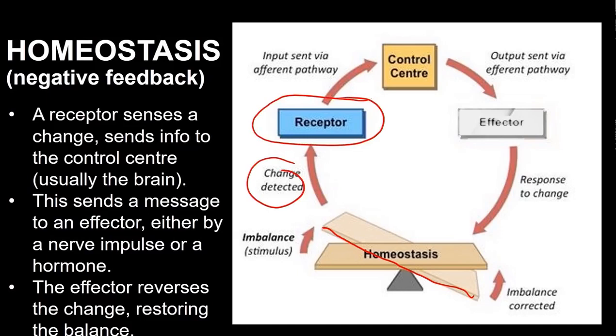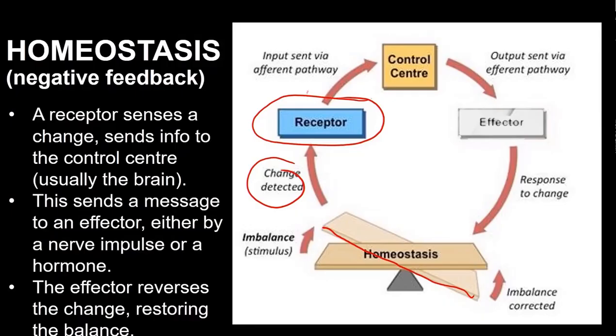And in your body, you have receptors that are sensitive to CO2 level, acidity, glucose level, etc. And they first have to sense the problem, and they then send a message to the control center. And the control center is usually the brain. So the brain has to be informed, there's a problem here.